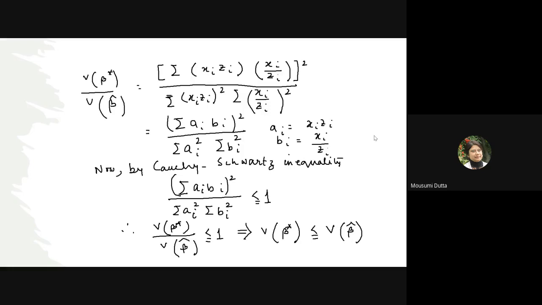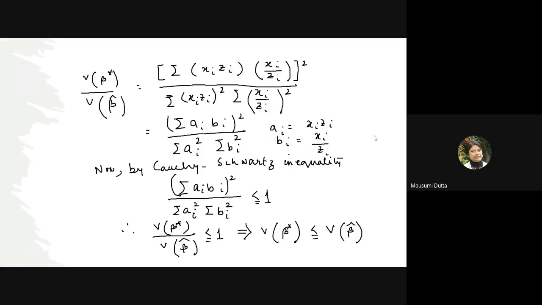So the WLS estimator is efficient compared to the OLS estimator. Both the OLS and WLS estimators are unbiased. However, the WLS estimator has the minimum variance property. So if we use the WLS method, we are getting back the BLUE, the best linear unbiased estimator.